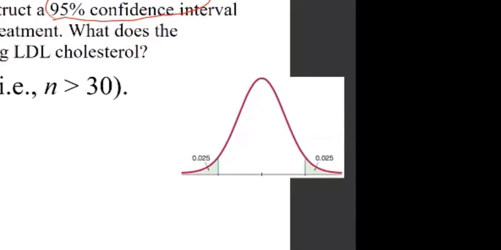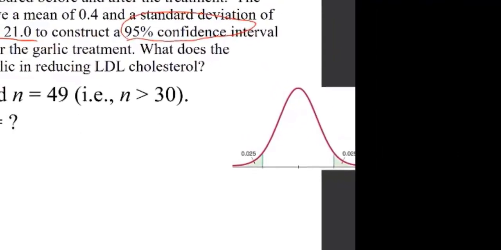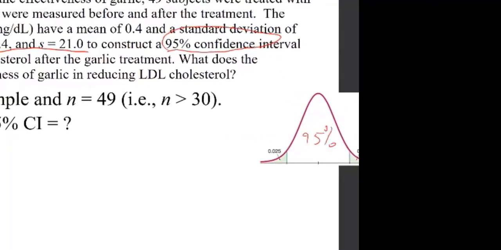And because of that, we are going to use the t distribution. So the very first thing we look at is the drawing of 95%. You do that regardless if you need the z or t or you name it.